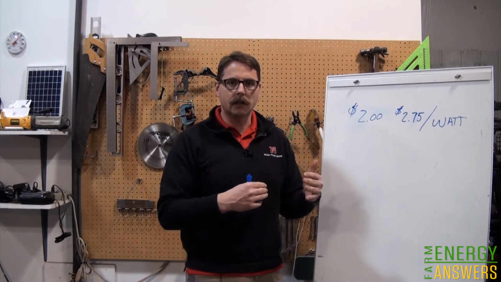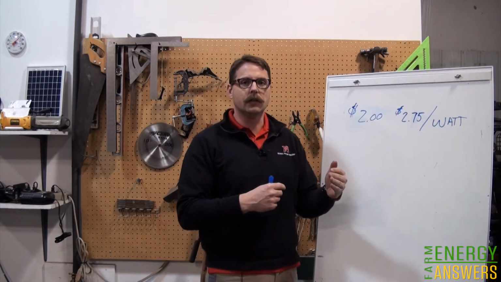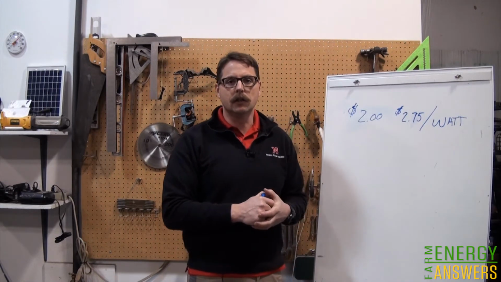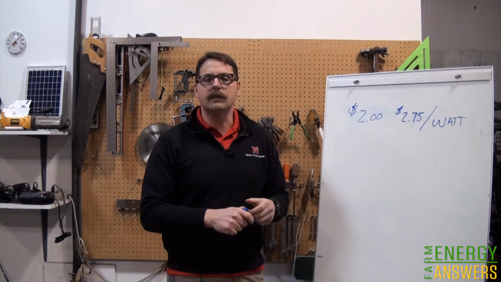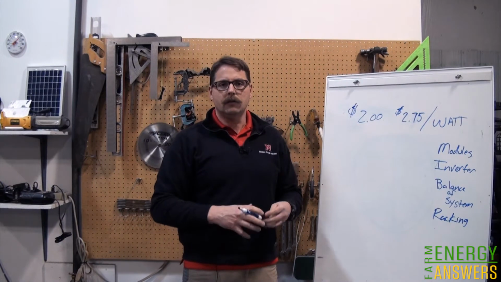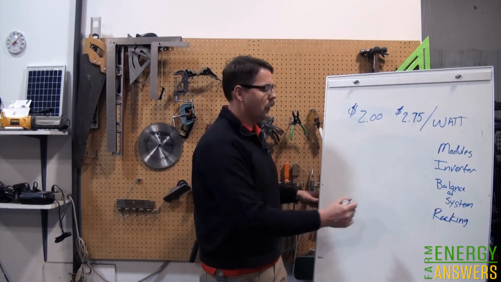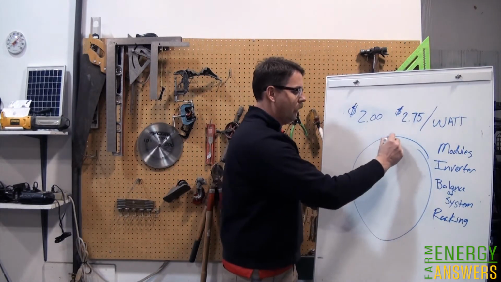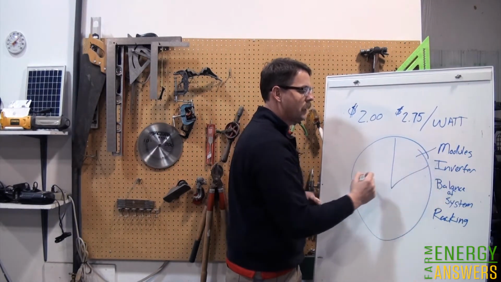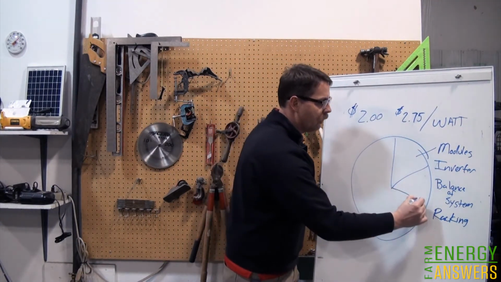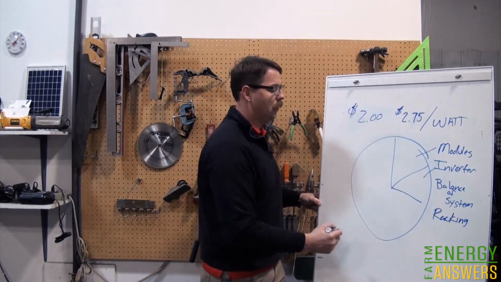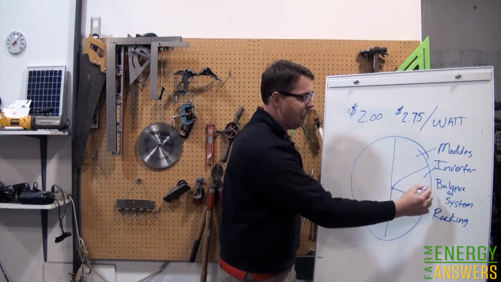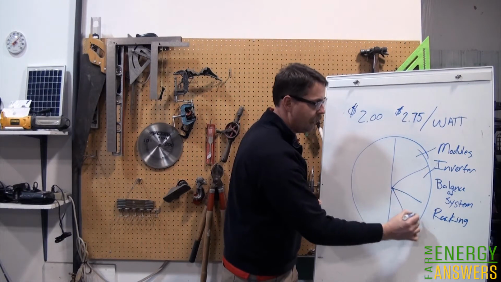Smaller systems are going to be on a little higher end of that, and larger systems are going to be on the lower end of that because you get a little bit of economies of scale. When thinking about what all is included in those costs, we might think about the total installed cost as a pie chart, with the modules being about 20% of that cost, the inverter being about maybe 10% of that cost, and then the other 50% being the balance of system and the racking.